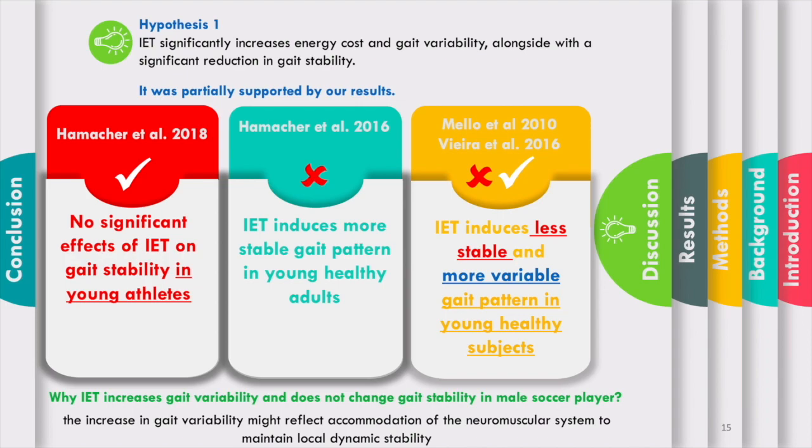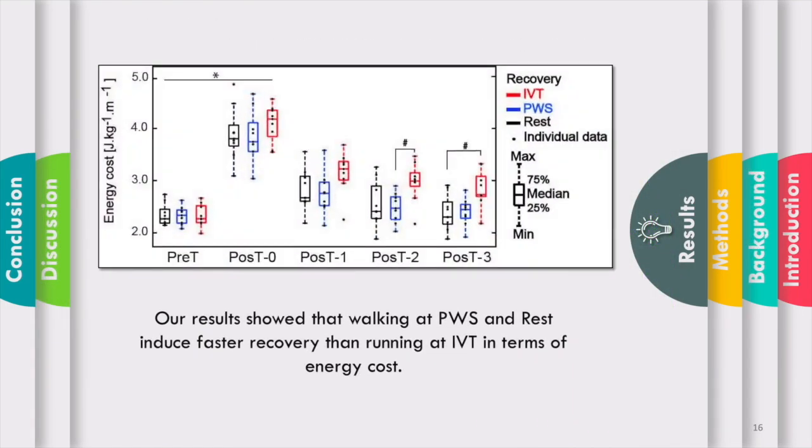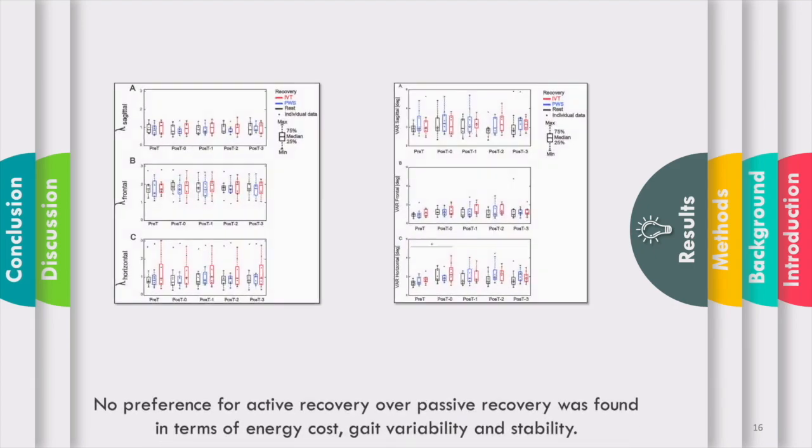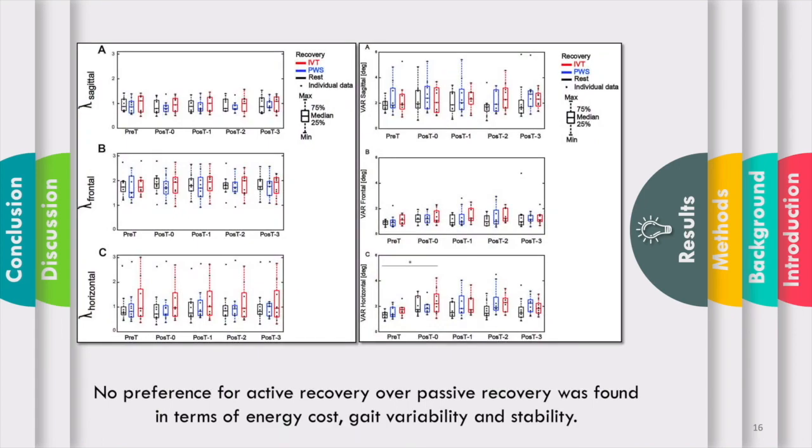Our results show that walking at preferred walking speed and rest as a passive recovery induce faster recovery than running at IVT in terms of energetic cost. No preference for active recovery over passive recovery was found in terms of energetic cost, gait variability, and stability.